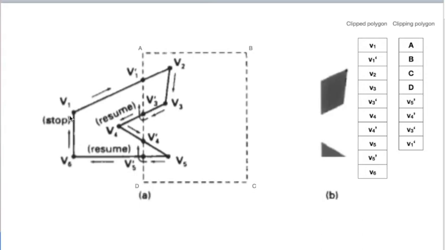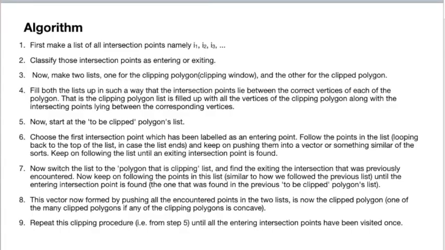So here it is V1, V1 dash, V2, V3, V3 dash, V4, V4 dash, V5, V5 dash, V6, and V6 to V1. Okay, so you make a list of the clipped polygon and the clipping polygon.